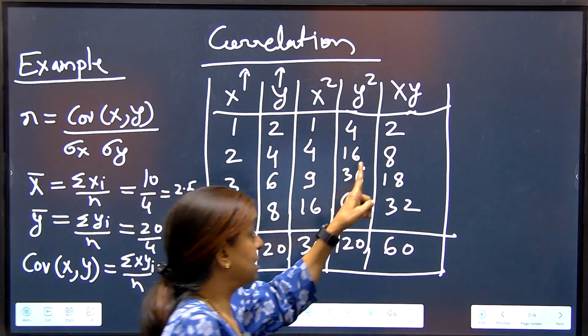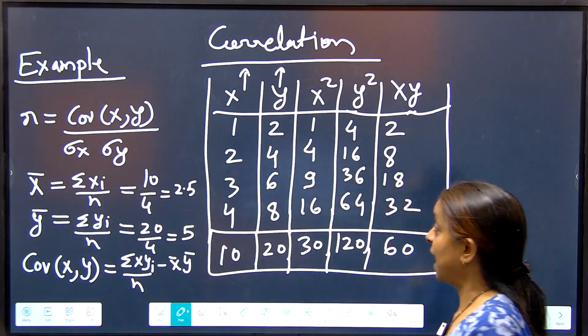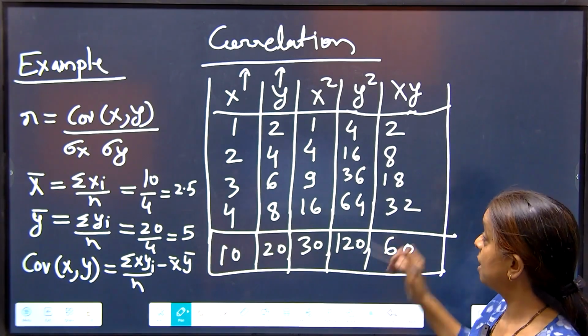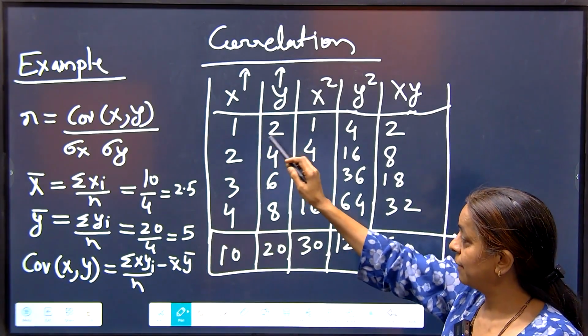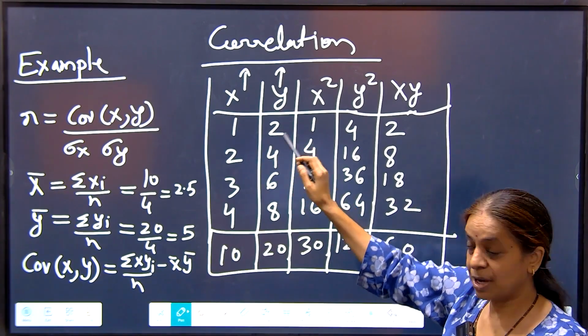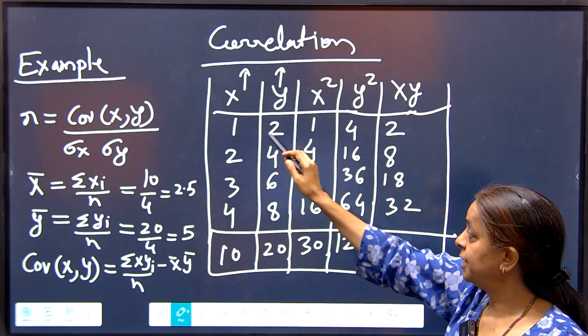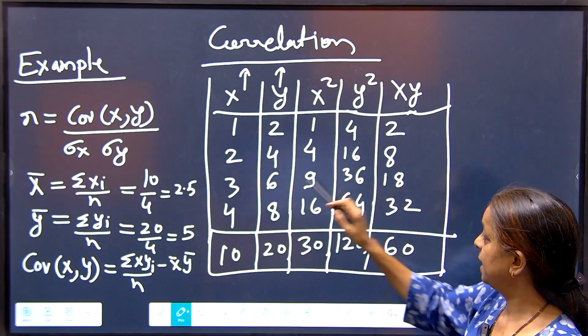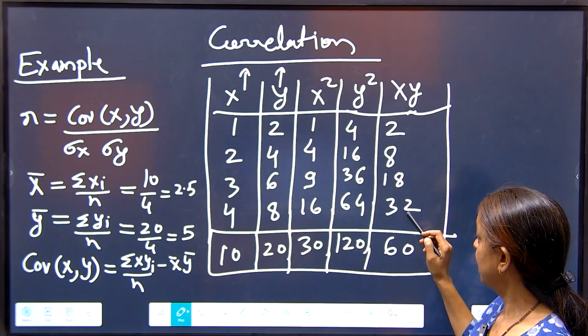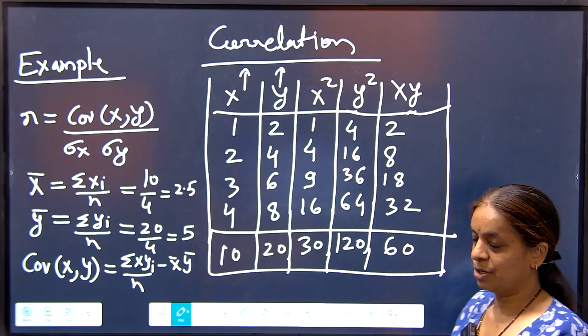xy is the column where I multiply the first column and the second column, and the product I write here. 1 is the first value of x, x1, multiplied by the first value of y, that is y1. 1 into 2, 2; 2 into 4, 8; 3 into 6, 18; 8 into 4, 32. I have written all these values in this column.